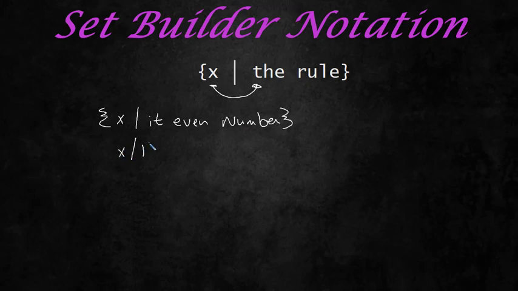X such that it belongs to the reals. Or it could be something like x such that x is greater than or equal to 7. So it can be a general rule, or it can be very specific, narrowing it down to where it's located.